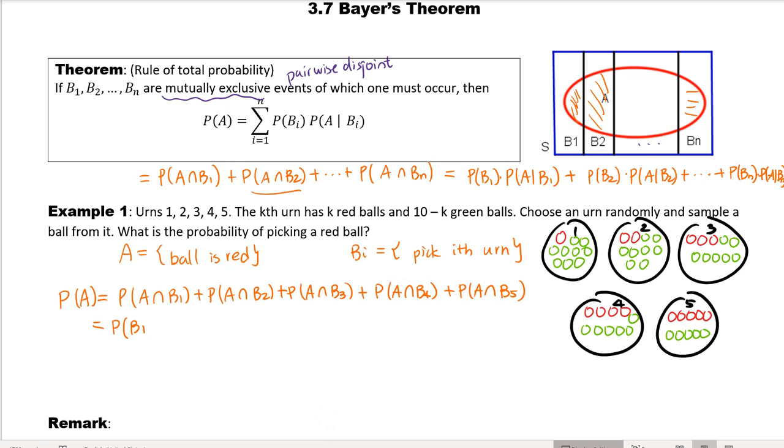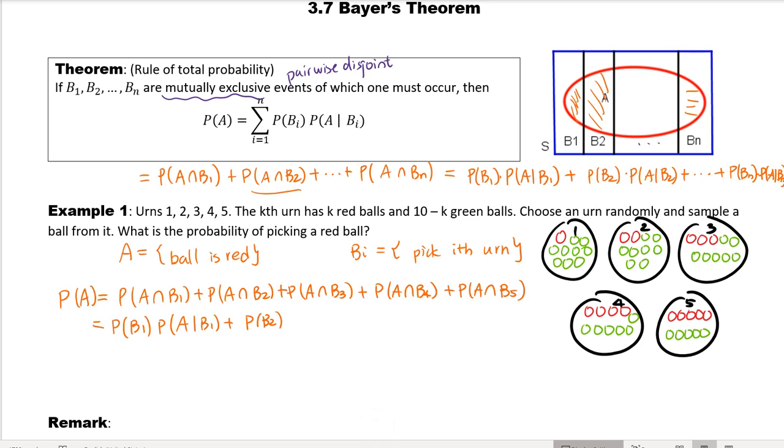We must pick the urn first, then we can sample a ball from it. So P of B1, P of A given B1; similarly P of B2, P of A given B2, P of B3, P of A given B3, P of B4, P of A given B4, and finally P of B5, P of A given B5.